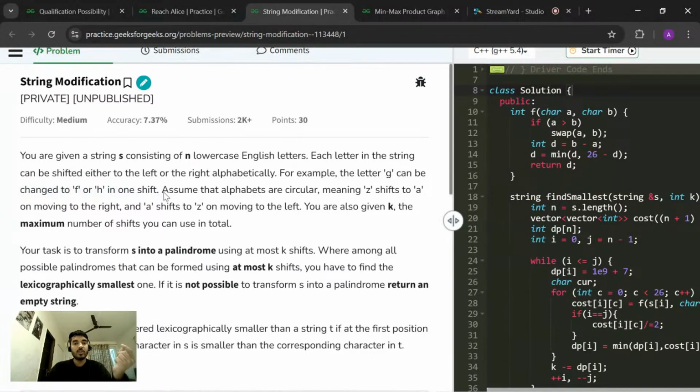Here we assume that the alphabets are arranged circularly, meaning Z shifts to A on moving right and A shifts to Z on moving left.